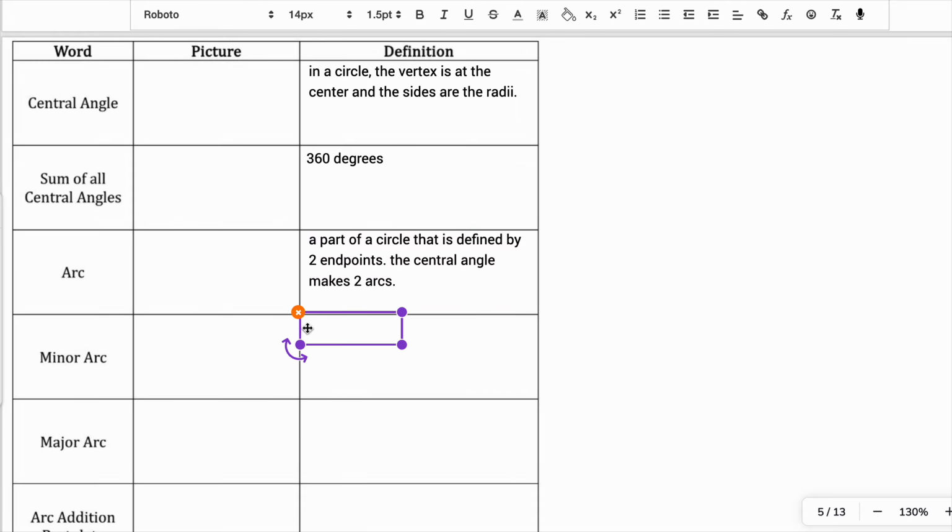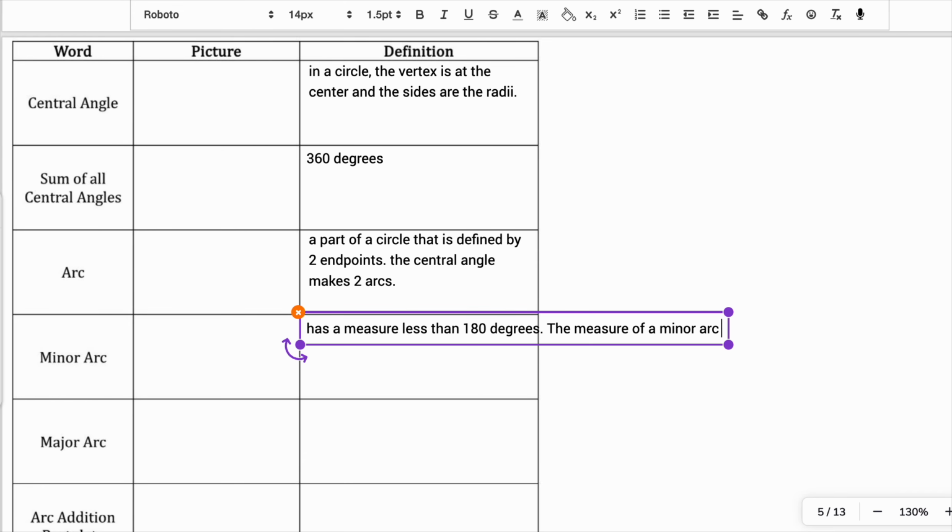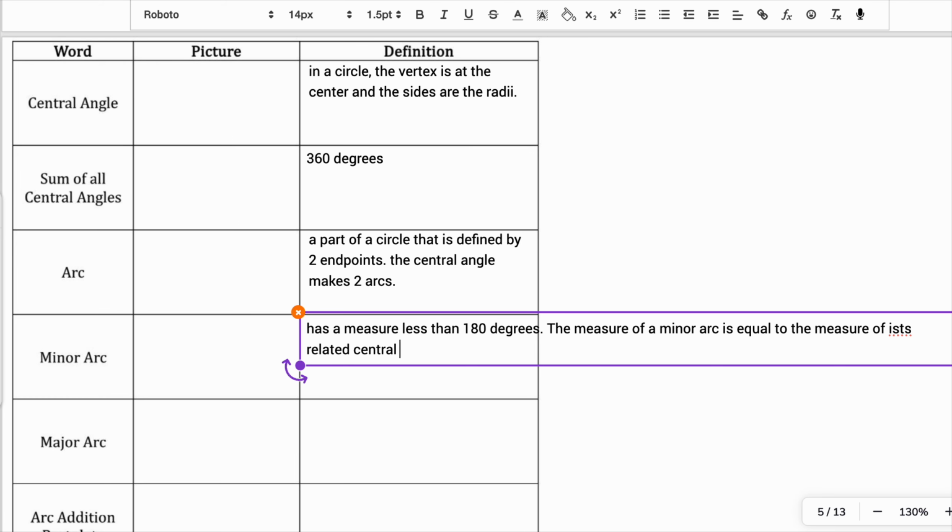A minor arc has a measure of less than 180 degrees. A semicircle will just have exactly 180 degrees. The measure of a minor arc is equal to the measure of its related central angle.